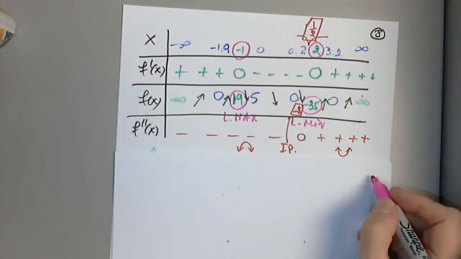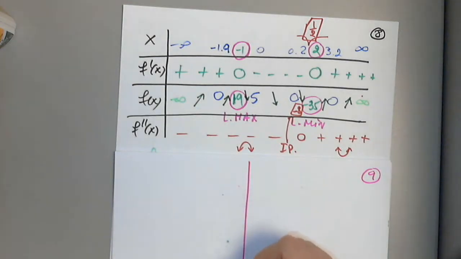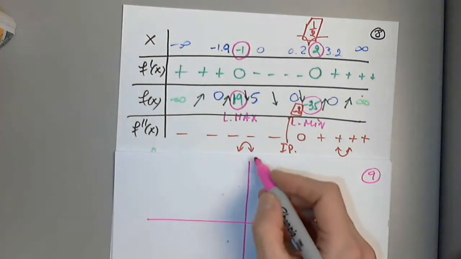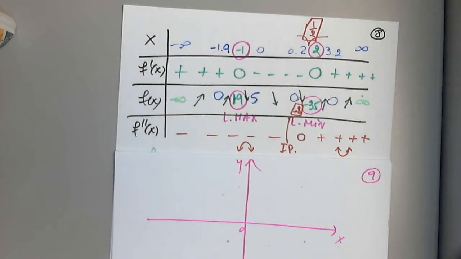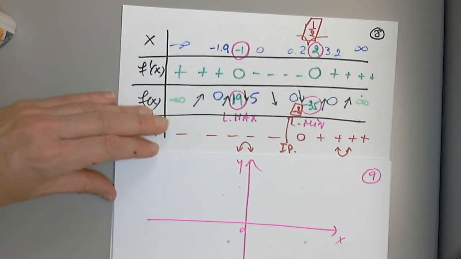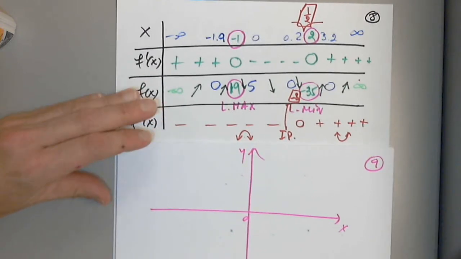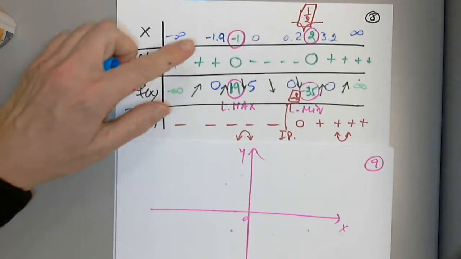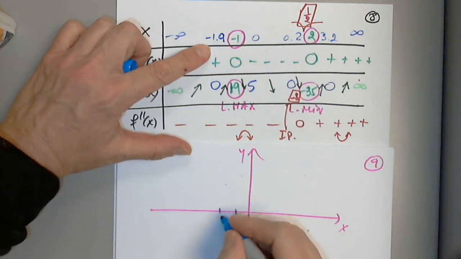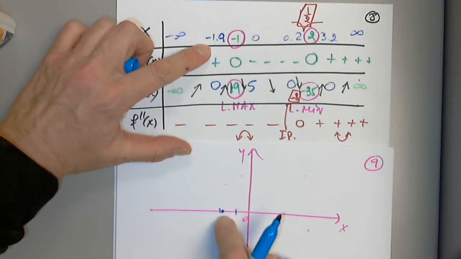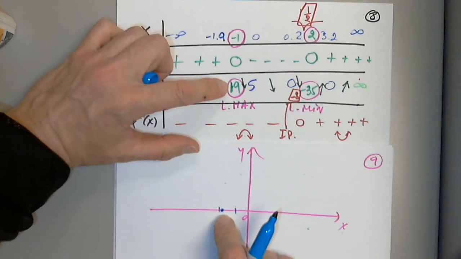Ready? Here it is. Let's plot all these points. I'm going to say that this is roughly negative 2. So it's right here. Then negative 1, 19.